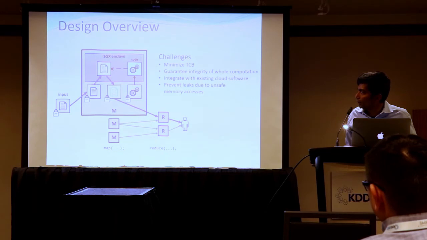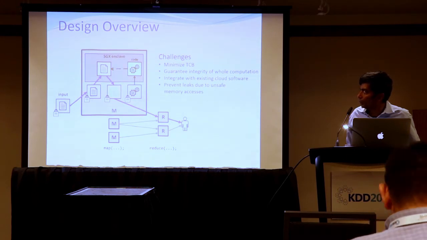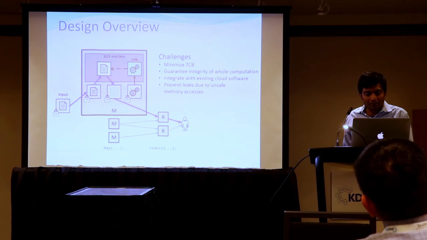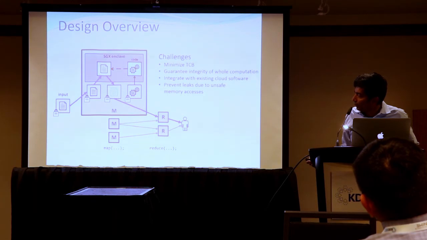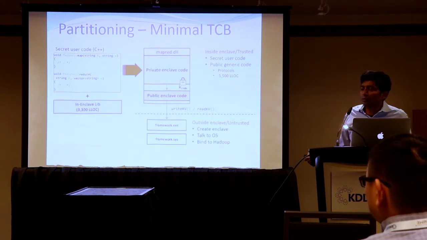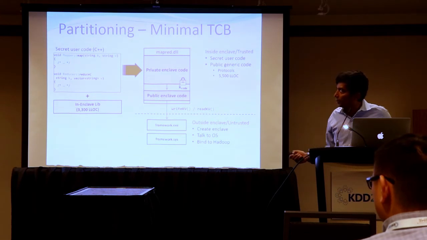Those intermediate key value pairs will be shipped over the network to the reducer, and the reducer code will be run in an enclave area. That's the very basic idea. But you may see that when the data is shipped over the network, some sort of inference attack is also possible.